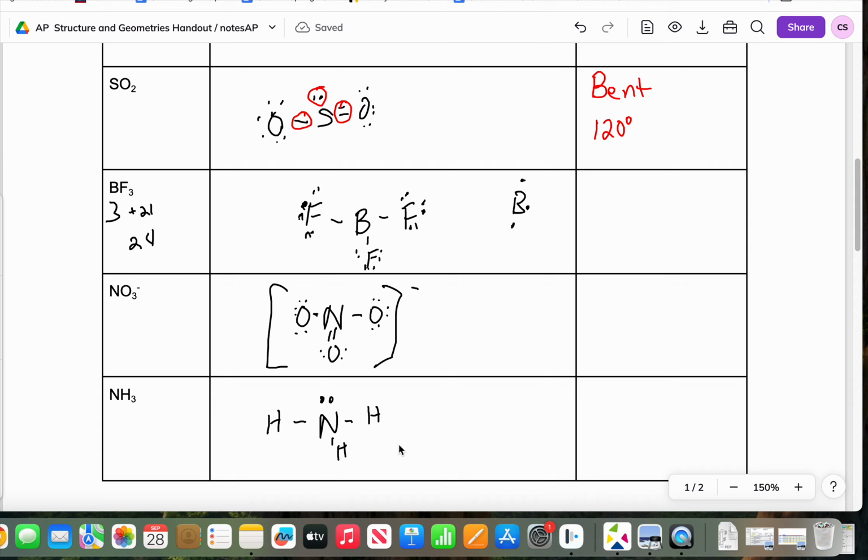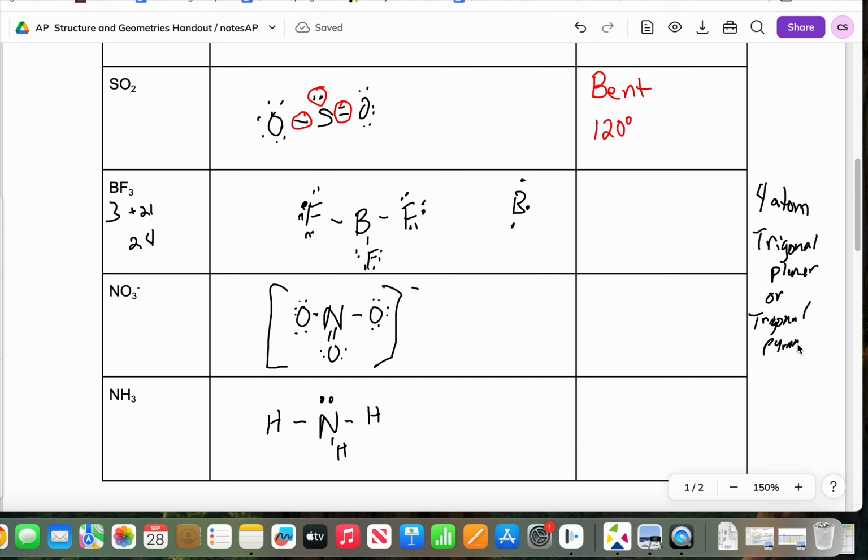Now, when you look at these 4-atom molecules with a non-expanded octet, because with expanded, things can go differently, non-expanded means that the middle atom doesn't have more than 8 around it. Whenever you have 4 atoms, they can either be trigonal planar or trigonal pyramidal.